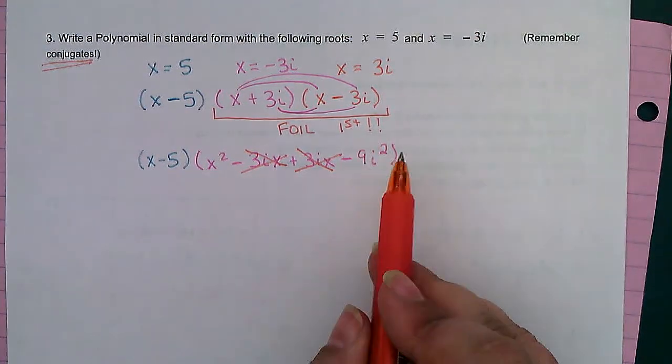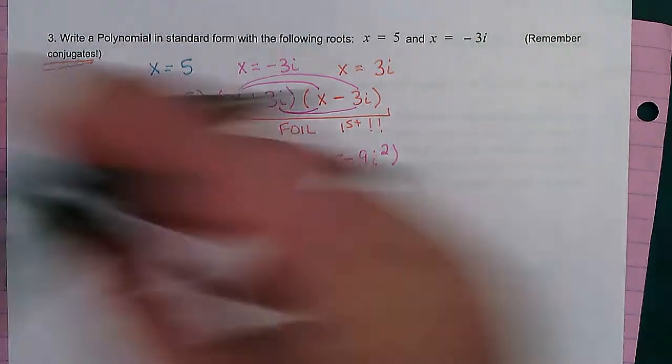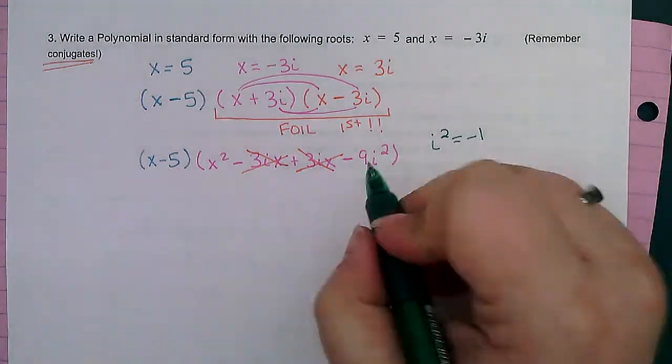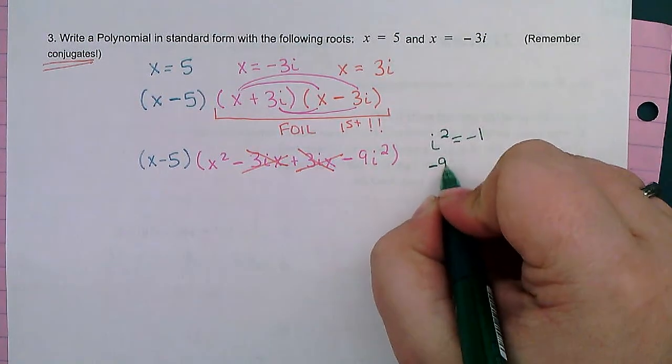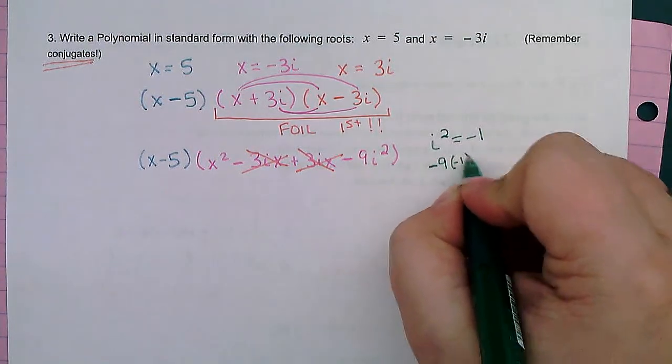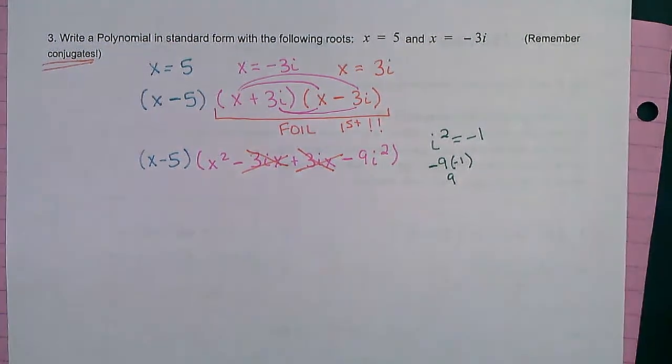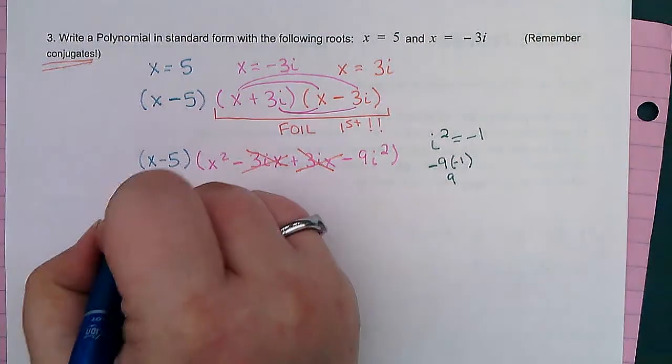There's also something interesting going on over here. I don't know if you remember or not, but i squared is negative 1. So really this term is negative 9 times negative 1. Well, a negative times a negative is a positive, and 9 times 1 is 9. So this term over here is going to get replaced with a positive 9.